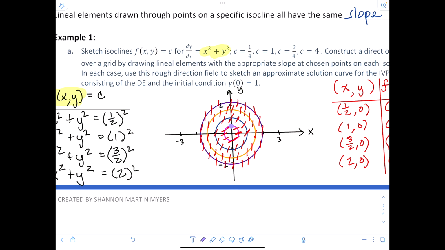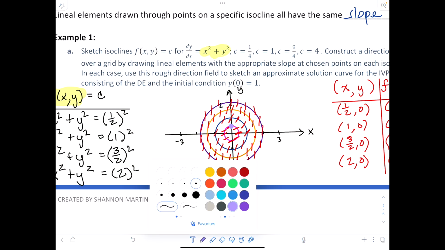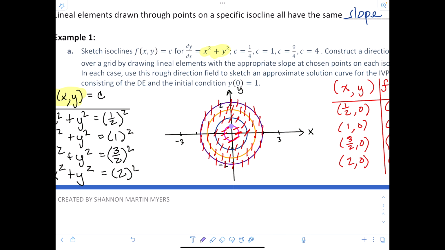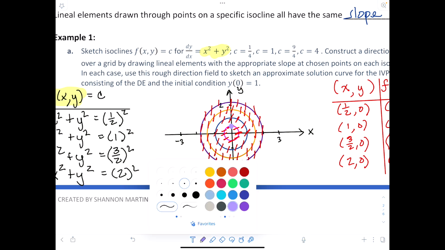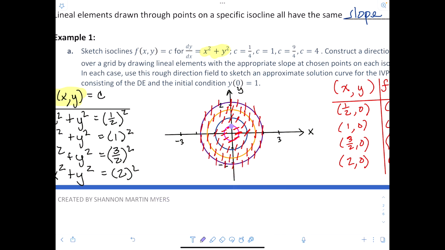So we're going to look right here, and our graph follows the path of the slope, the little slopes, and it'll do something like this, okay? It'll look something like that.